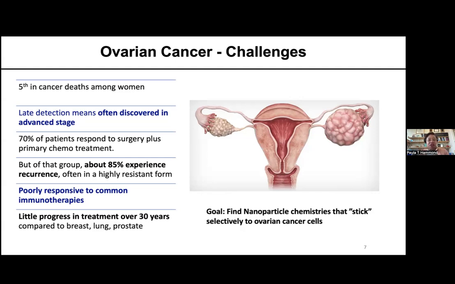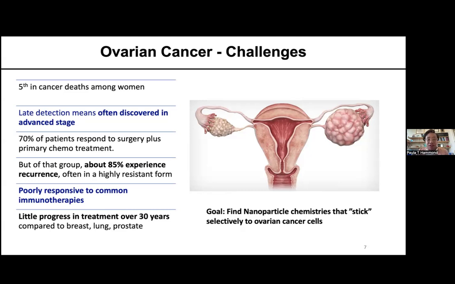The other thing is that ovarian cancer is really subtle. The symptoms are very minor in the beginning, and for that reason, it's usually detected fairly late in the third or fourth stage. So we really need mechanisms for detecting it early, which is work that we're beginning to do with some of my colleagues here at MIT.